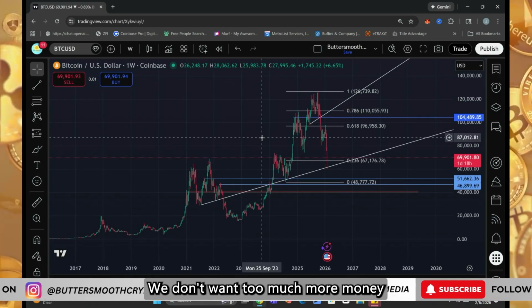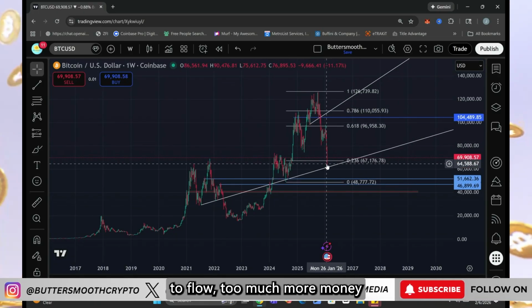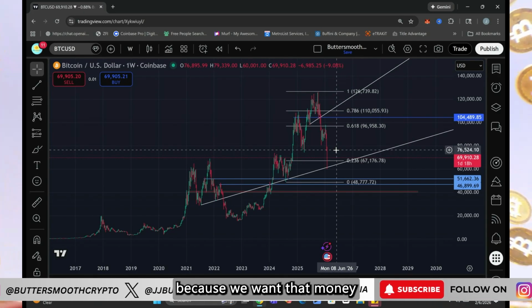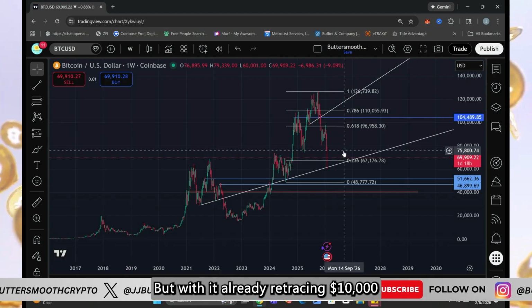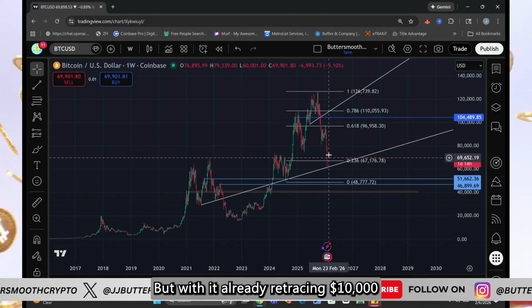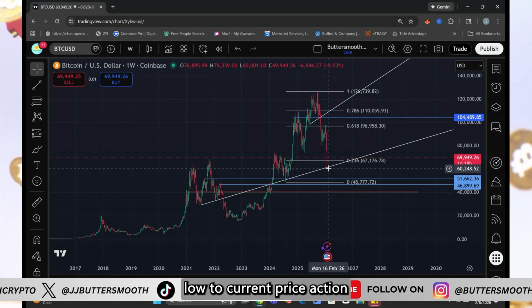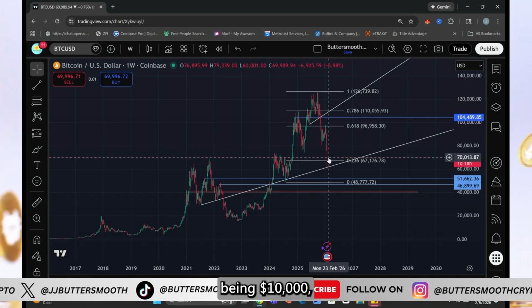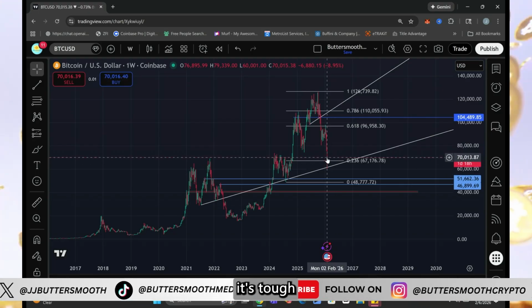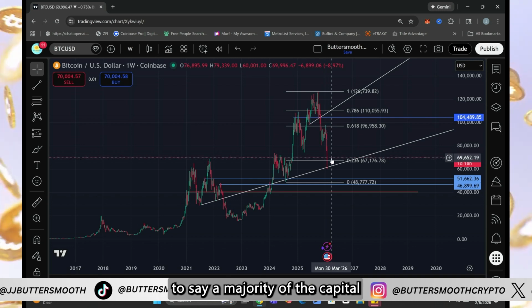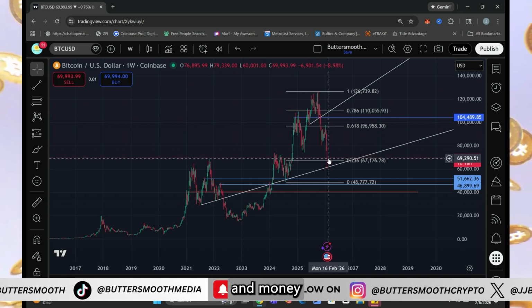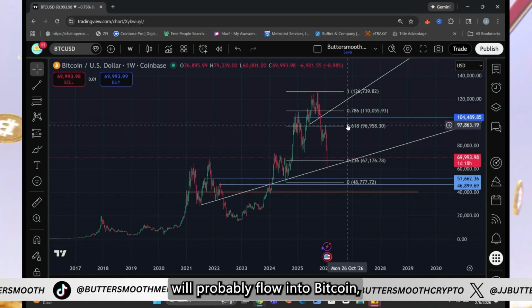We don't want too much more money to flow into Bitcoin because we want that money to flow into altcoins. But with it already retracing $10,000 from our most recent wick low, it's tough to say a majority of the capital will flow into Bitcoin.